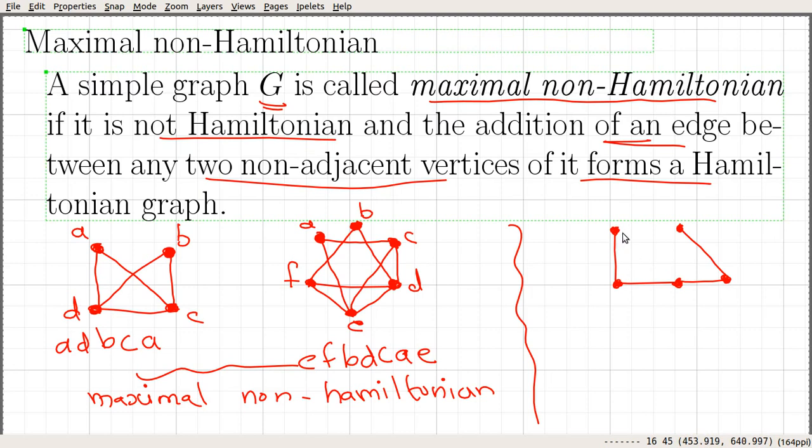So here if you add, say, this edge, we can see that this graph is still not a Hamiltonian graph. So that says this is an example of a graph that is not a maximal non-Hamiltonian graph.